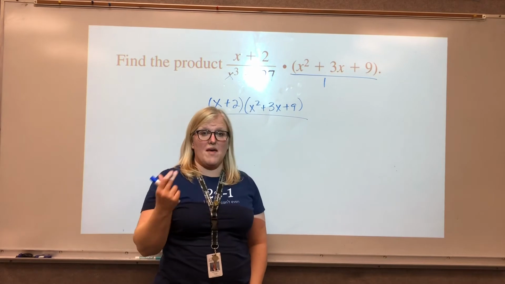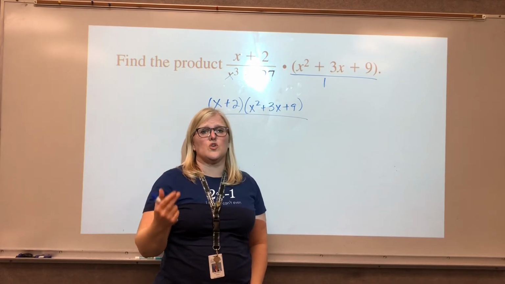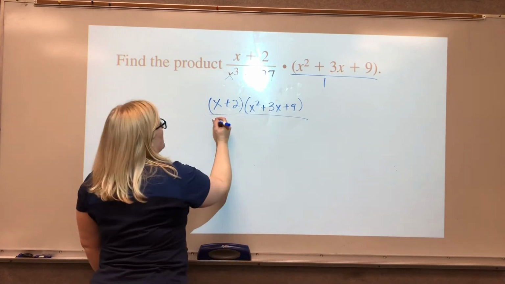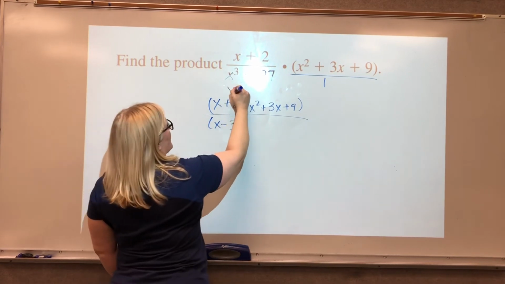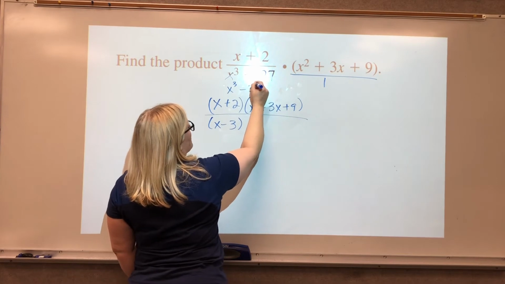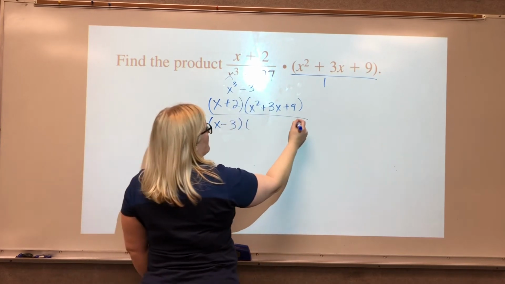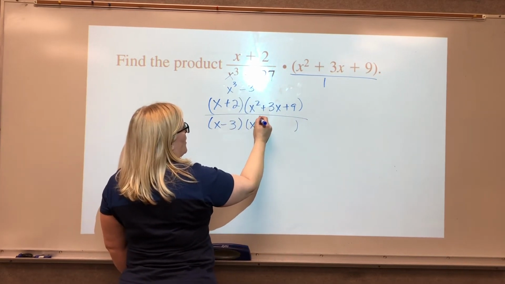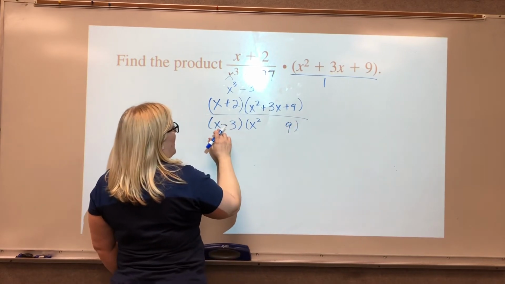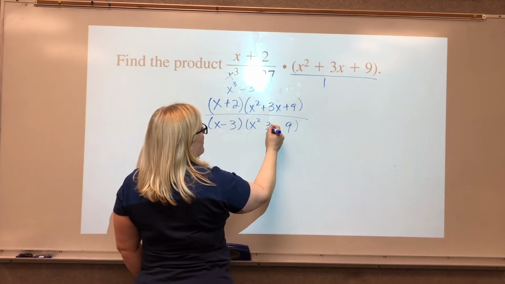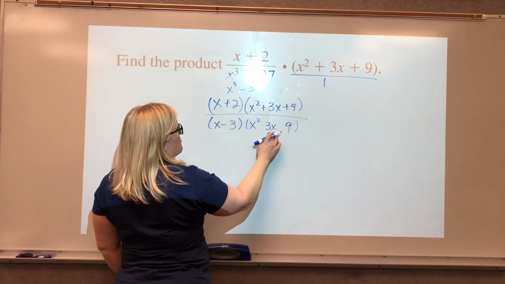I don't know if you remember the difference of two cubes, okay? It starts with x minus 3, because this is x cubed minus 3 cubed. So I got x minus 3. I square the first one, I'm not looking at the negative. I square the second one, and then I multiply these two together for the middle one.